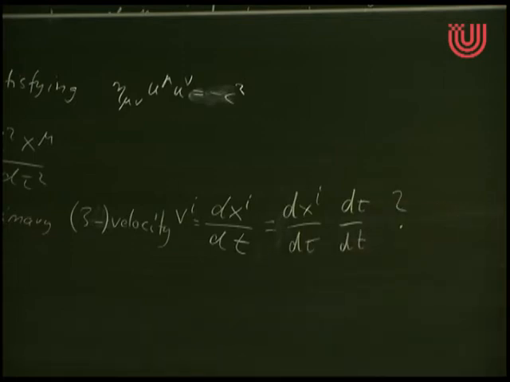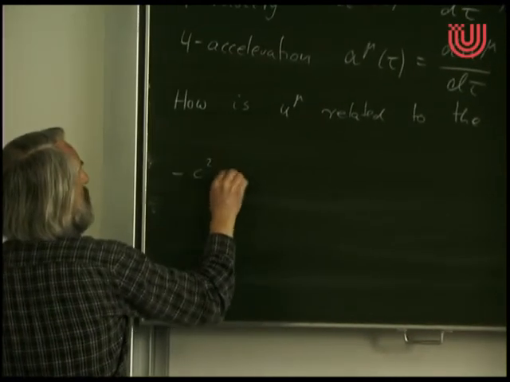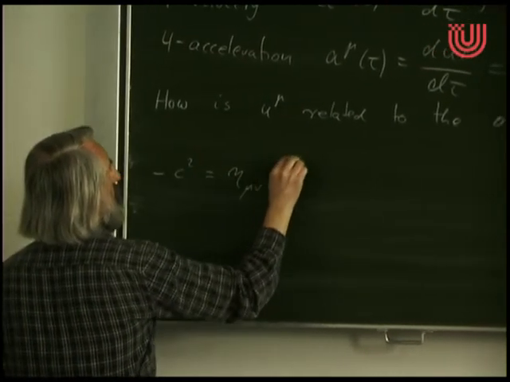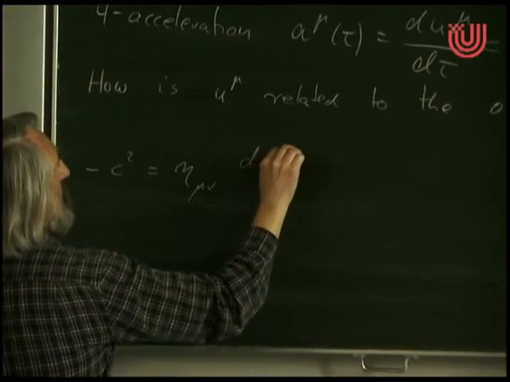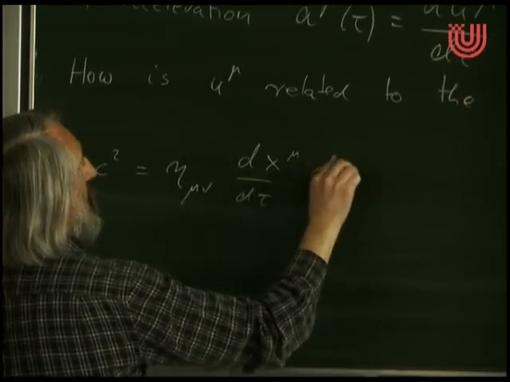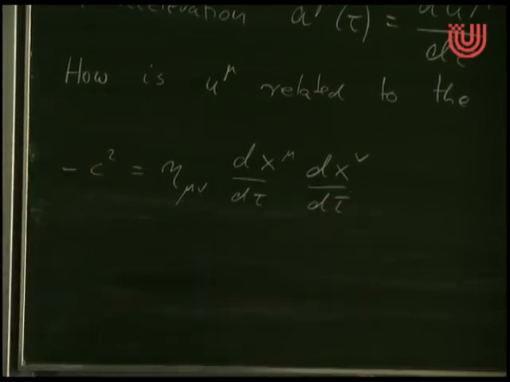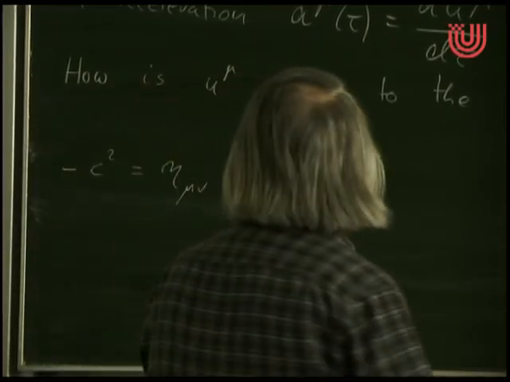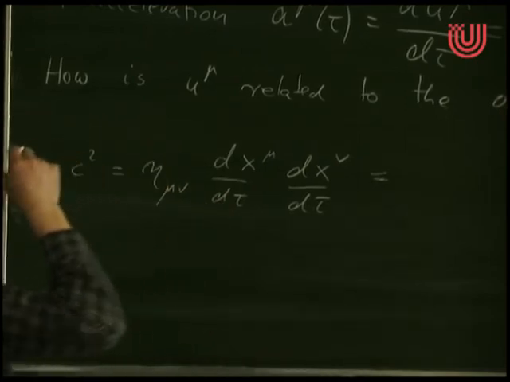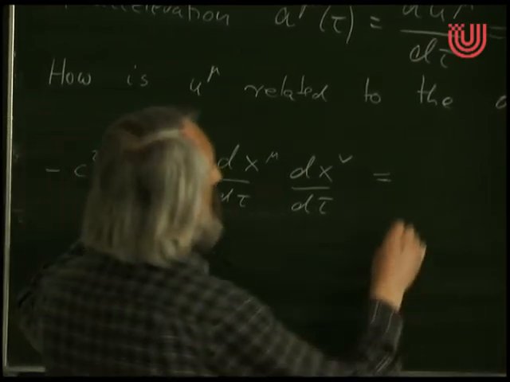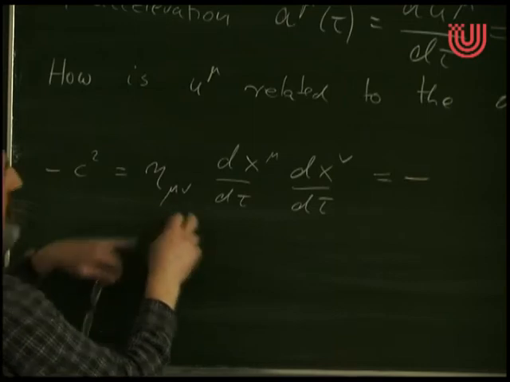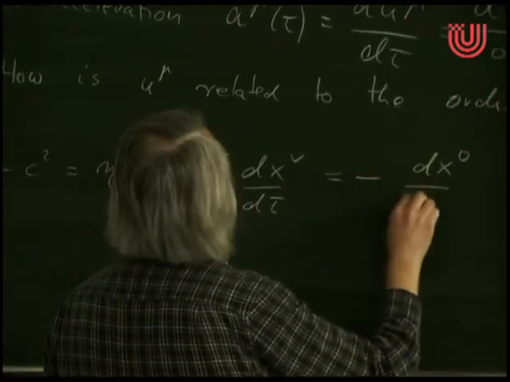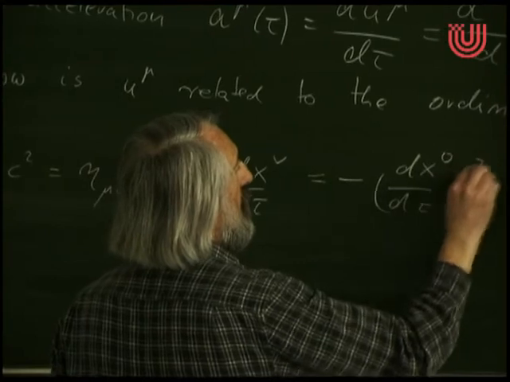So that's the question we want to deal with. And I think I write just down the defining equation for proper time. And then I juggle around a little bit. So the equation which I have is this here. So this was η_μν dx^μ/dτ dx^ν/dτ. So I can decompose this into temporal and spatial components. So I had the naught component. This gives a minus sign here, and then (dx^0/dτ)².